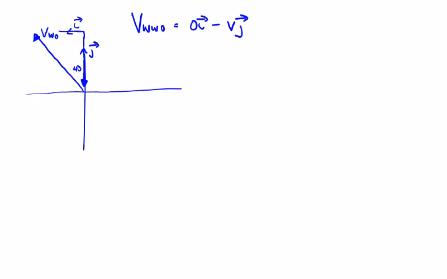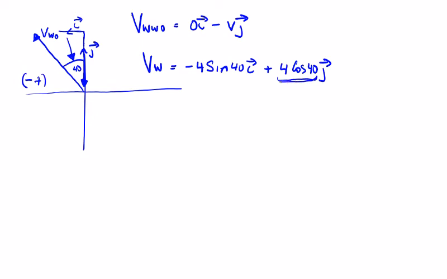Okay, what about the woman? We're told the woman is also walking at 4 kilometers an hour. Now, what sector is this over here? This is minus i plus j. So she's walking at 4, so minus 4. Looking at our i component, it's opposite the 40, so that's sine: minus 4 sine 40 times i, and positive j, since j is adjacent to the 40 degree angle, plus 4 cos 40 times j. 4 cos 40 is a number, which should help us simplify things.